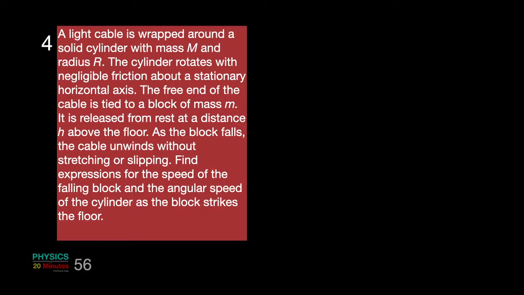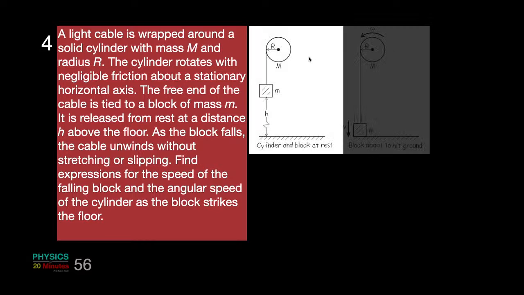My next problem is: a light cable is wrapped around a solid cylinder with mass m and radius r. The cylinder rotates with negligible friction about a stationary horizontal axis. The free end, so here is my diagrammatic representation.